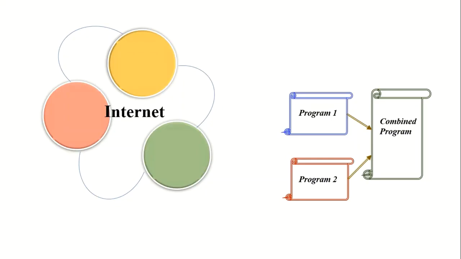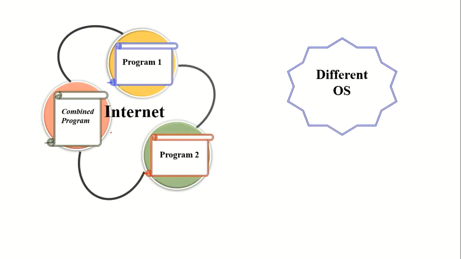Now, what is the distributed approach? If you have two programs running on different machines, and we need them to run as a combined module in another machine, then this type of application is known as a distributed application.